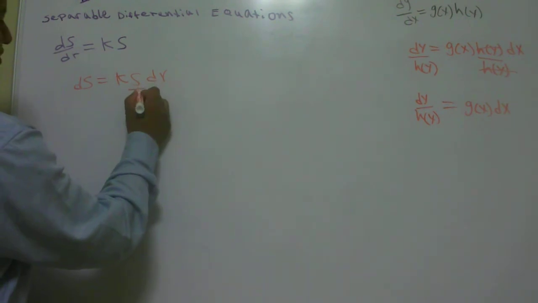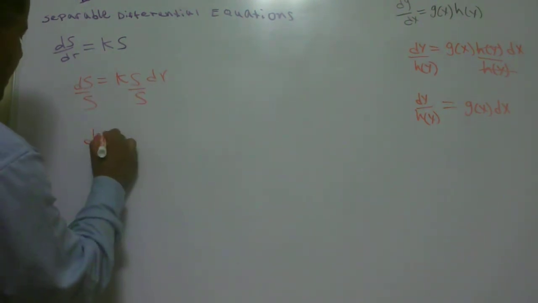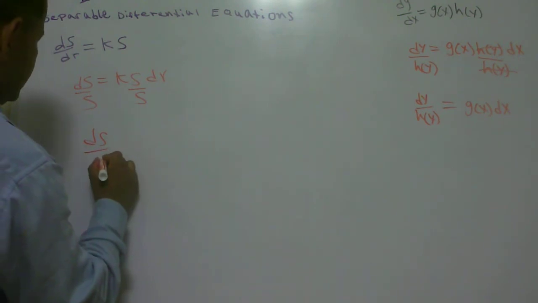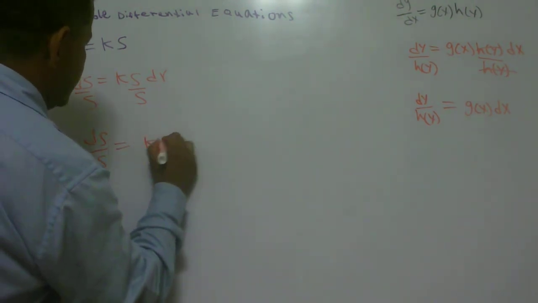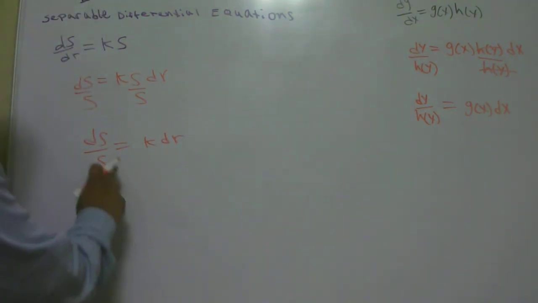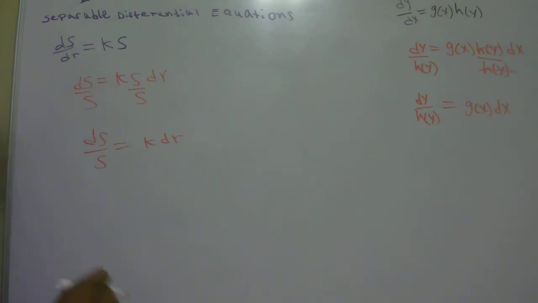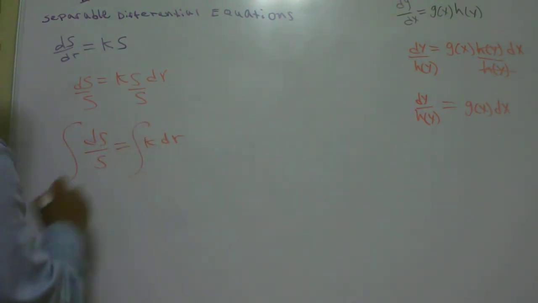So I'm just going to divide by s, and I get ds over s is equal to k dr. Now it's separated. The next step is integration on both sides.